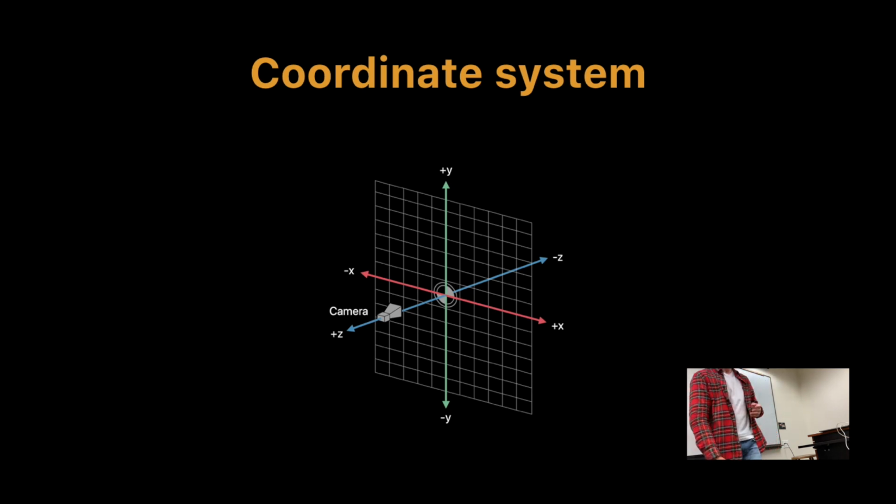So for example, if I initialize my session with the camera looking that way, and I choose to place an anchor at, for example, 0, 1, 0, it means it will be here. So it's going to be above, not to the left or to the right of the user. It's important to keep those differences in mind.